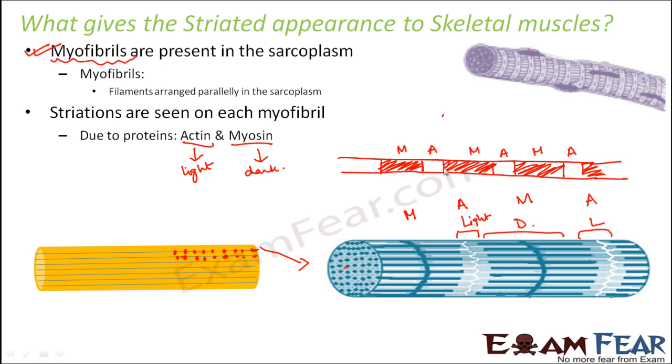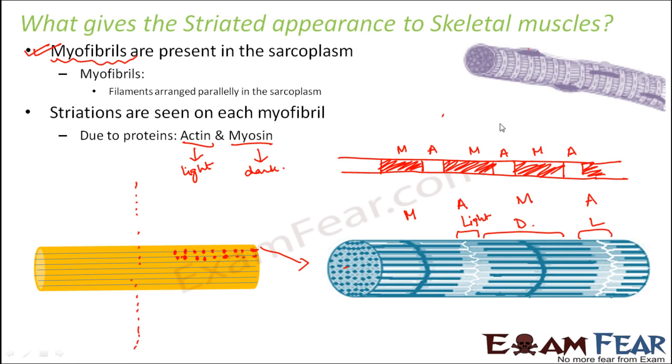So all these proteins are arranged just one after another, and they are arranged parallel to the longitudinal axis of the muscle fiber. See, this is the muscle fiber, right? This is the axis of the muscle fiber, which would be the longitudinal axis, and the perpendicular axis of the muscle fiber would be this one.